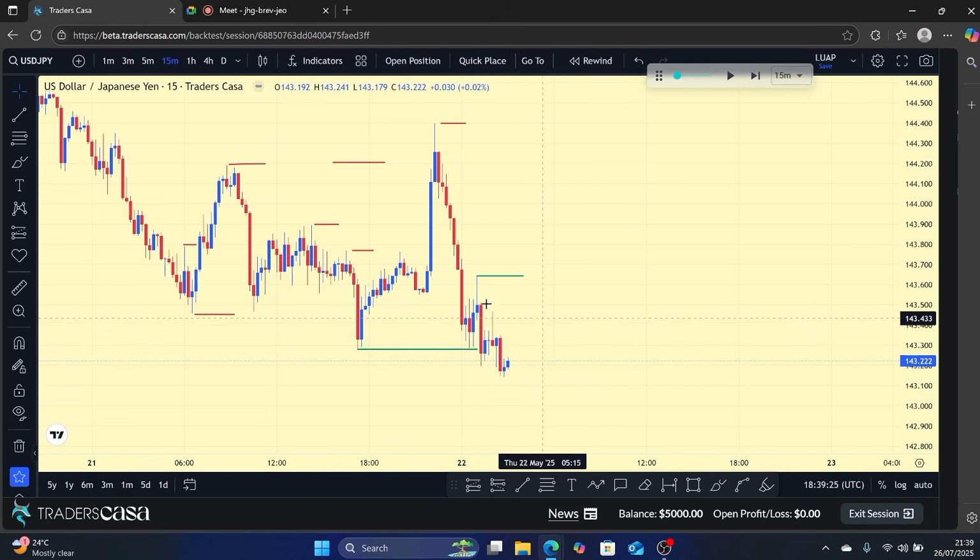So this means that this pullback was created before price broke the structure to the downside. So this means that this inducement is a minor inducement, and therefore this high, or this external liquidity, the buy side liquidity resting above that trading range high, will now be the major inducement.